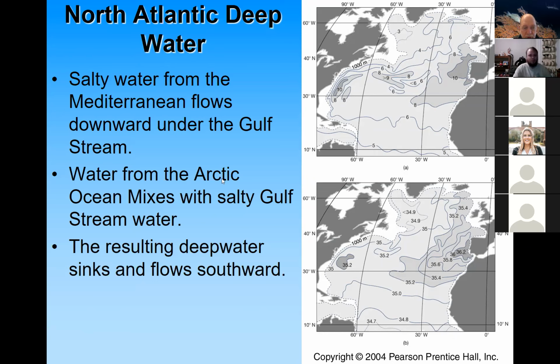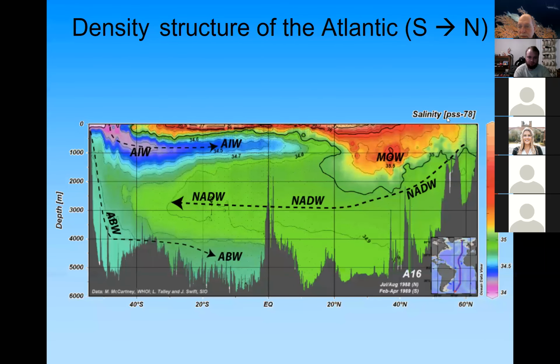And water from the Arctic Ocean mixes with the salty Gulf Stream water and salty water from the Mediterranean, and the resulting deep water mixes and flows southward. So we can get a picture of that if we look at the density structure of the Atlantic Ocean.